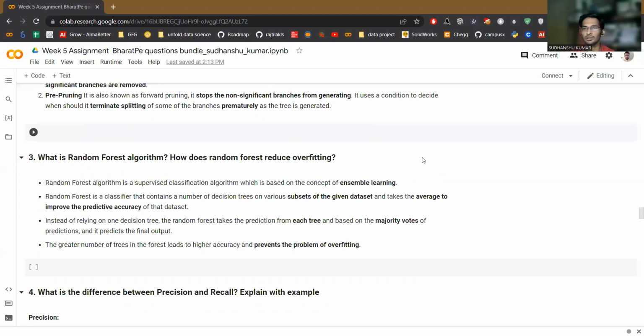Instead of relying on one decision tree, it uses each tree at random, and based on majority voting, they predict the final output. The greater the number of trees, the higher the accuracy, and it prevents the problem of overfitting.